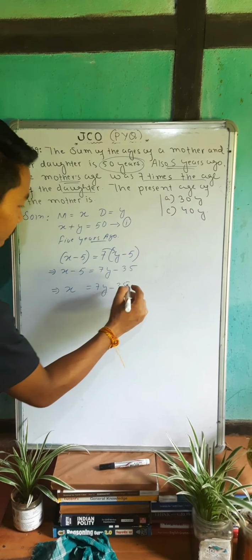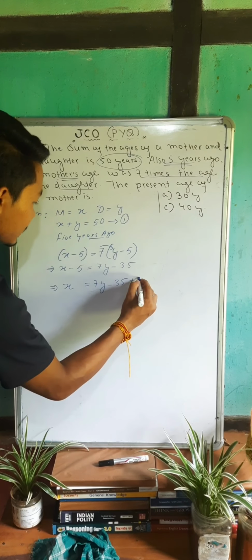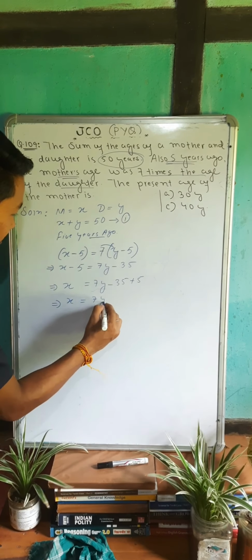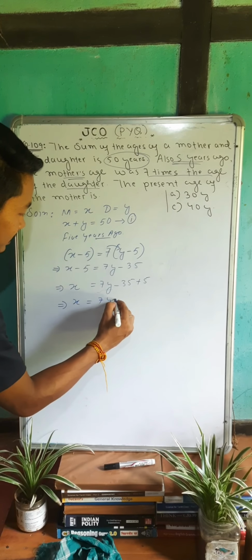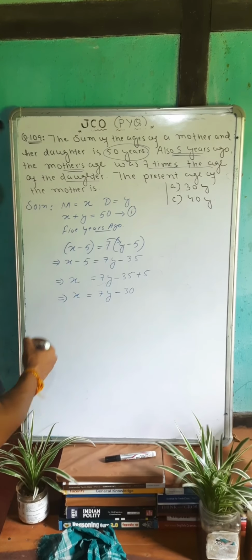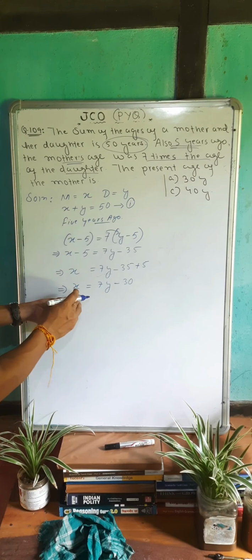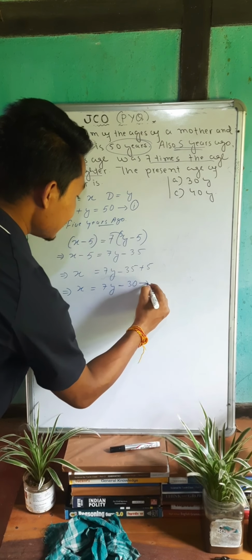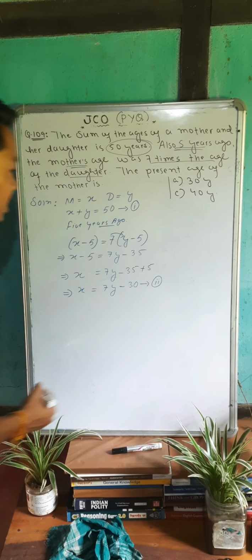Carry this to the right hand side, plus 5. X equals 7Y minus 35 plus 5, which gives us minus 30. So now X equals 7Y minus 30. We can write this as equation number 2.